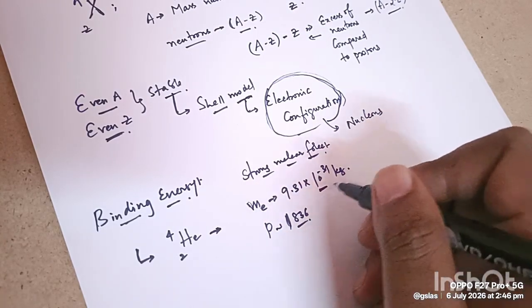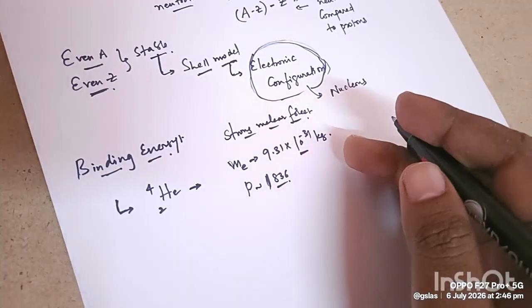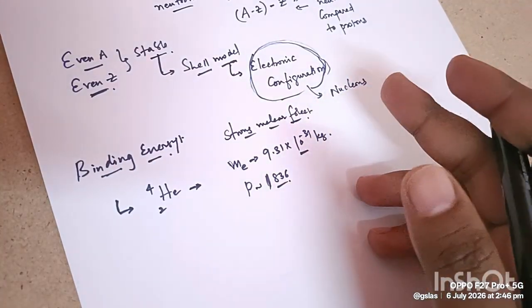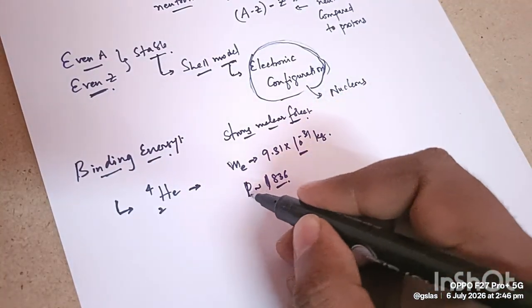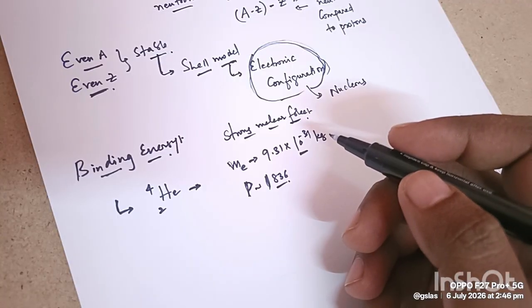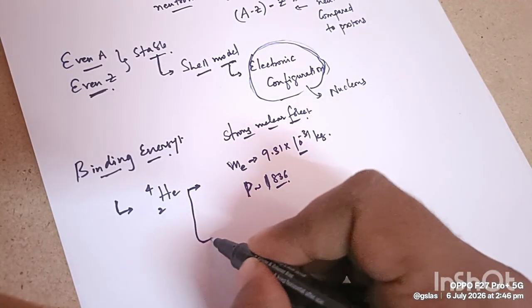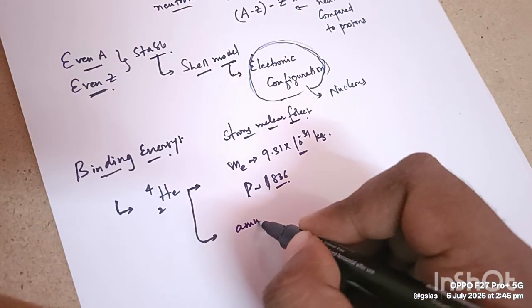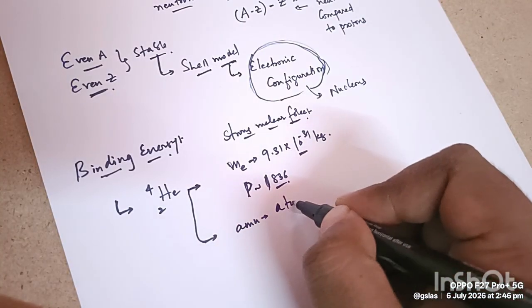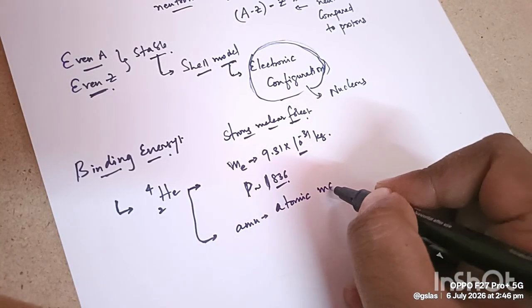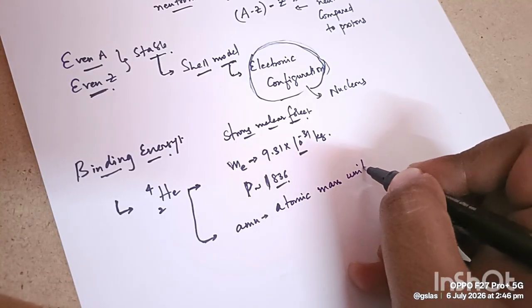These are very small numbers to have an estimate of, right, to make them comparable to each other. We choose another system of units, that is AMU, the atomic mass unit, right?